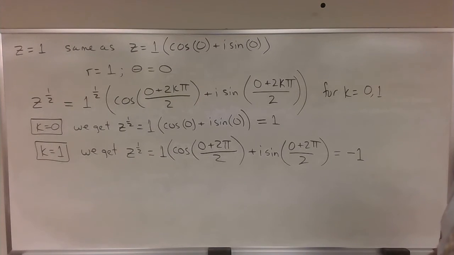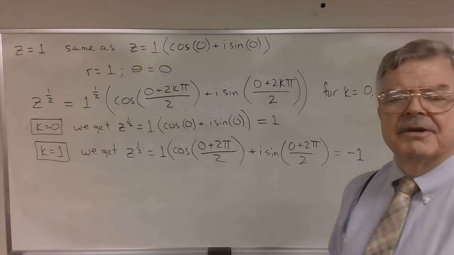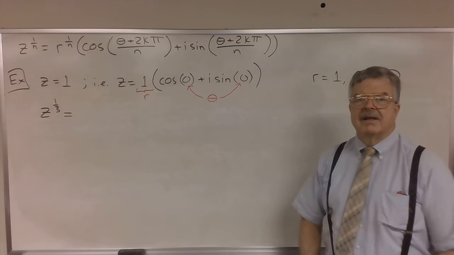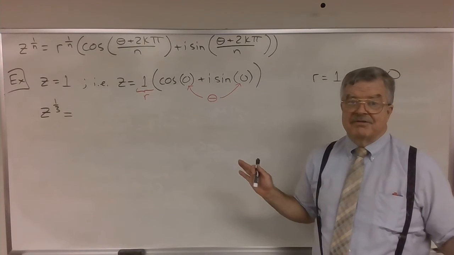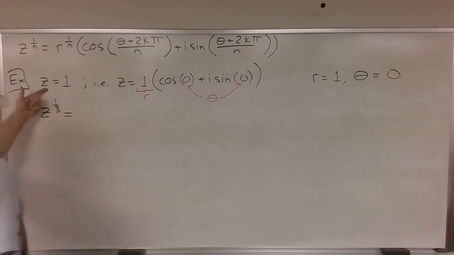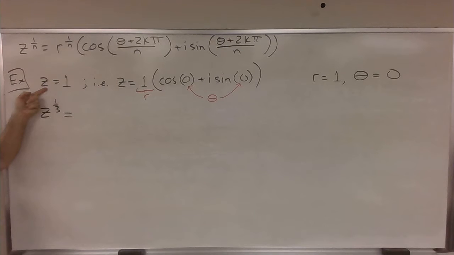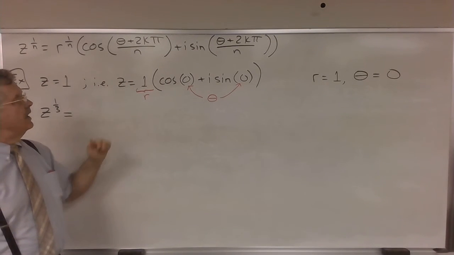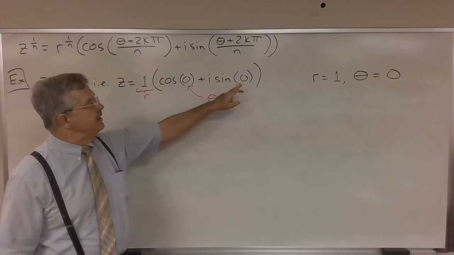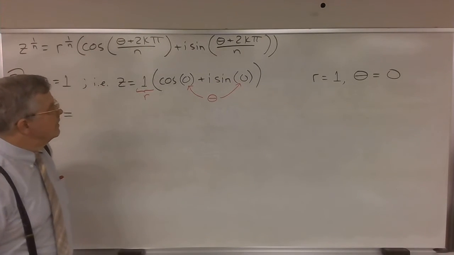Well, let's do something a little less trivial. Okay, here's our next example. We're going to work with the same number, z equals 1, which in polar form is z equals 1 times cosine of 0 plus i sine of 0.